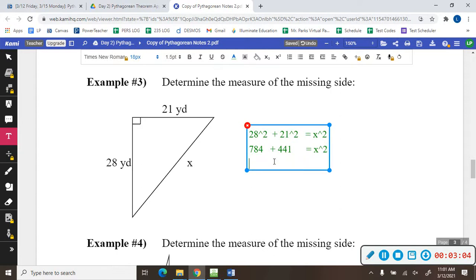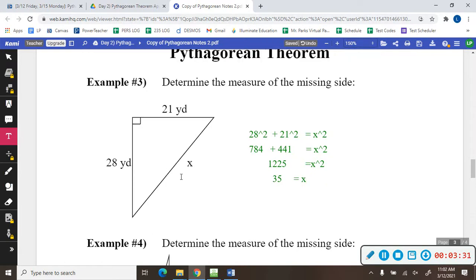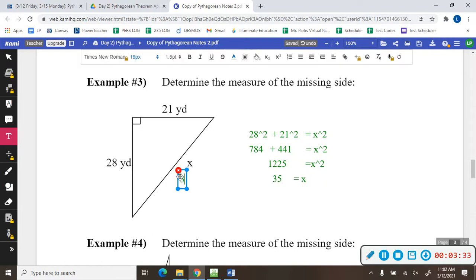Add those two numbers, 784 plus 441, that's 1225. And then of course, x cannot be 1225. You take the square root of 1225, and you get 35. So x is 35. So I could even put over here x equals 35.